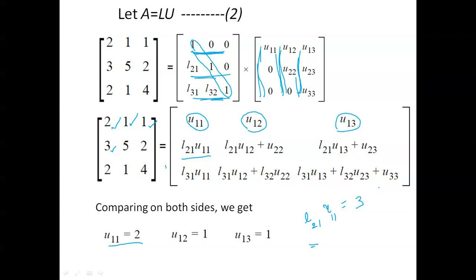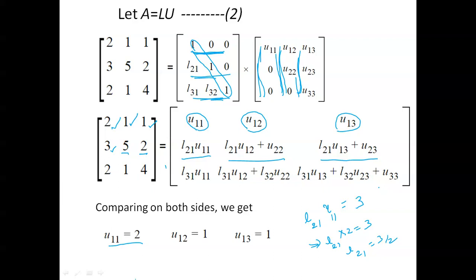So that implies L21 into 2 equal to 3. So L21 equal to 3 by 2. In the same way, L21 U12 plus U22 equal to 5. The same way, L21 U13 plus U23 equal to 2.